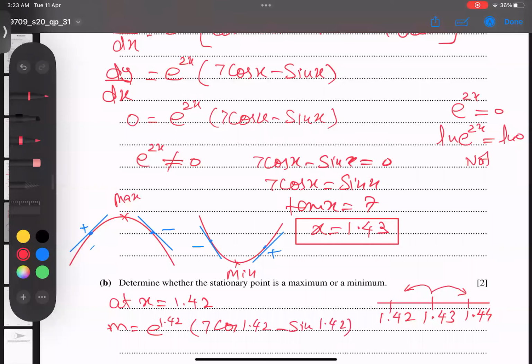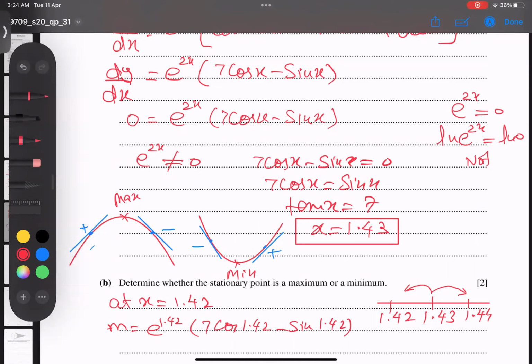And I'm going to type it in the calculator. First of all, exponential power, and then times 7 cos, and minus sine. Wait a minute.